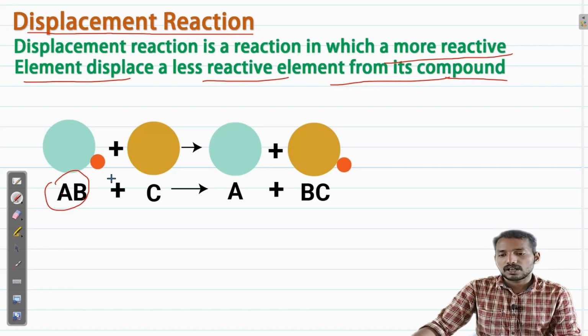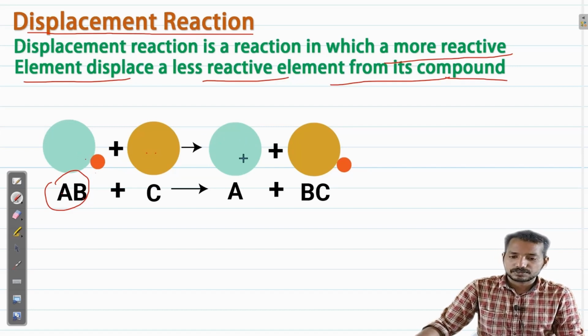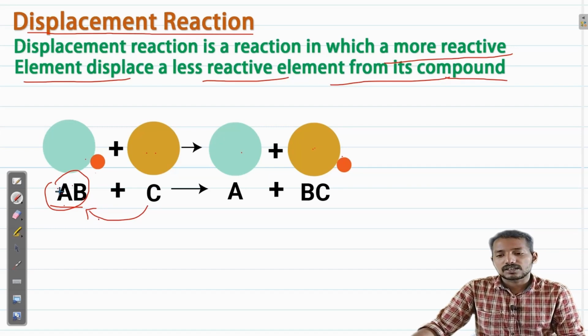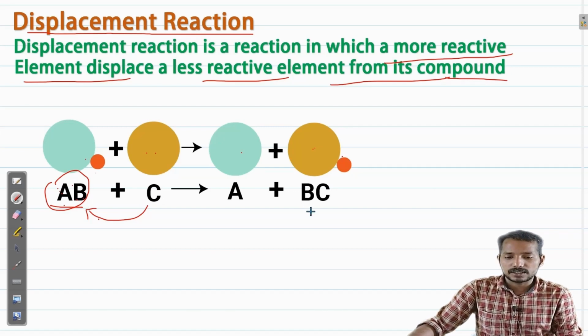And when C comes to AB, C replaces A and combines with B.